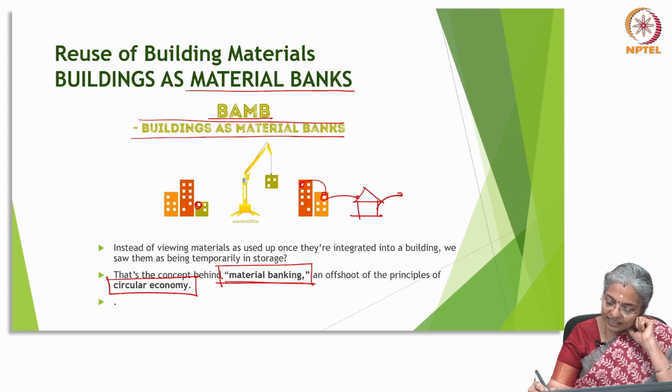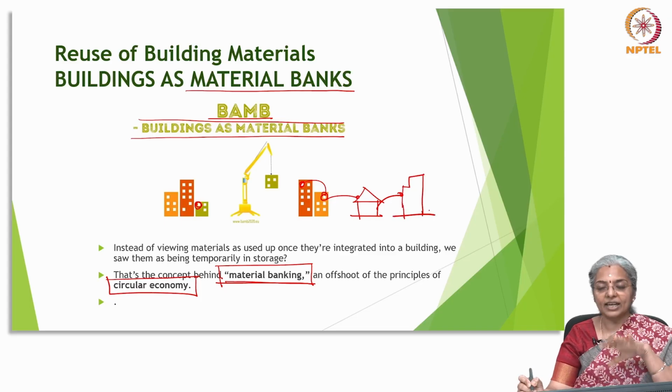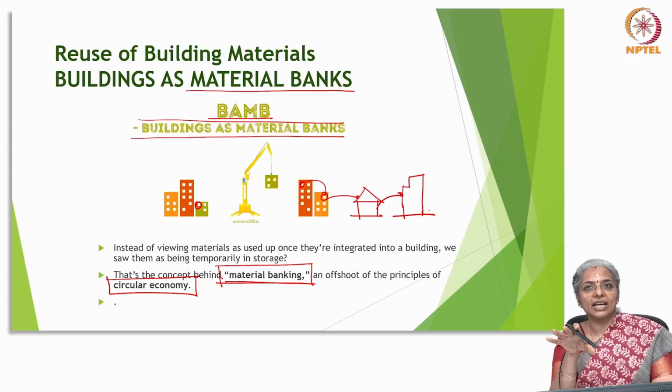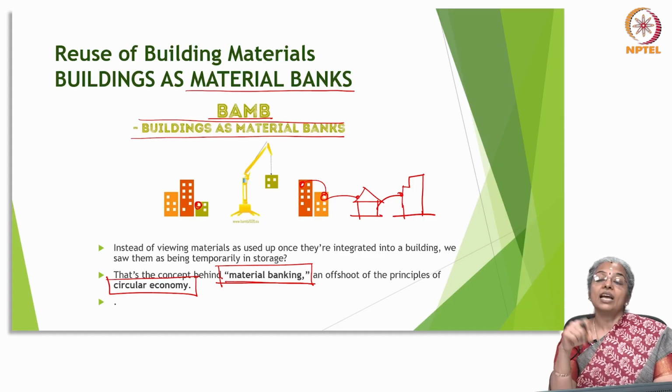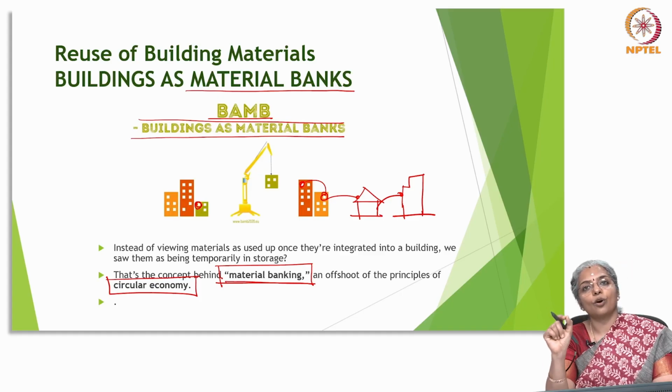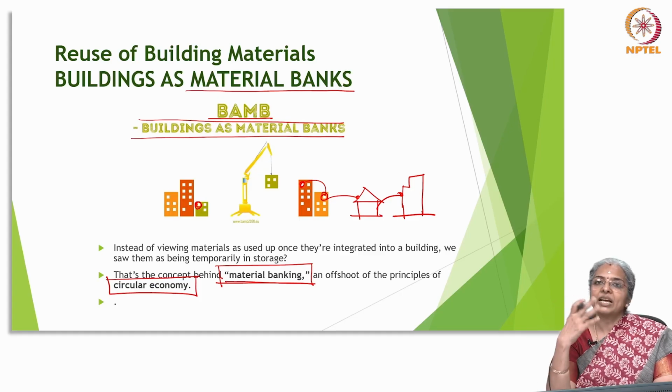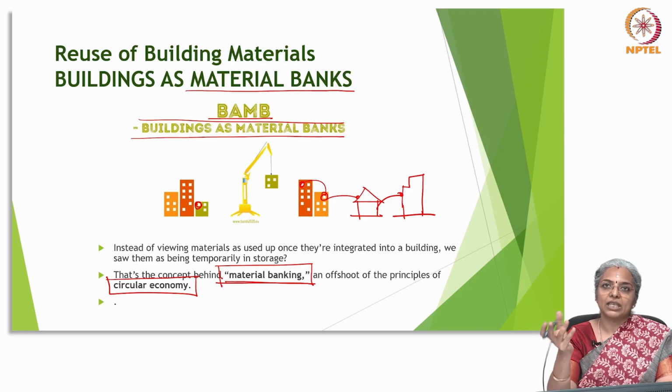So, the material keeps jumping from one structure to another but does not go to the landfill until there is absolutely no other choice. And even at that stage, there is a reuse of the so-called waste in some other form, such as recovery.